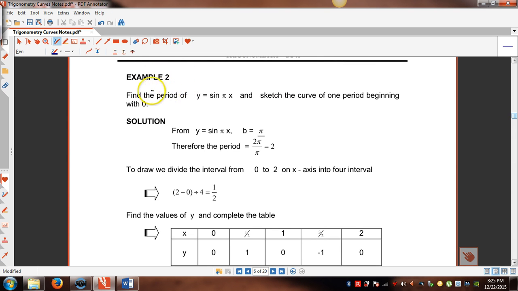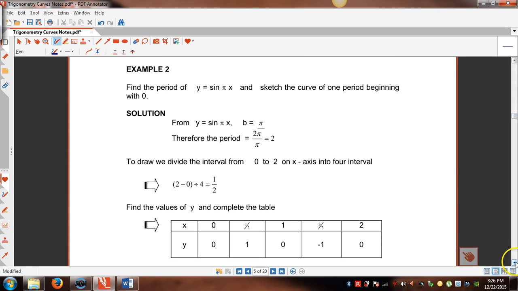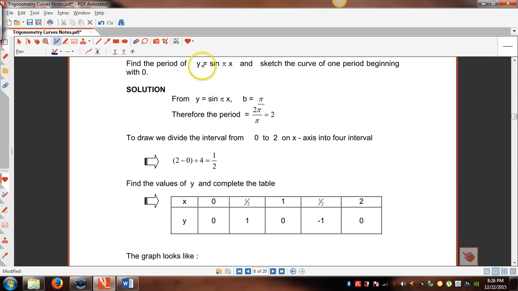Now we look at the second example of the trigonometric curve. We have y equals sine pi x, and sketch the curve of one period beginning at 0. You can look at the solution there. First of all, we have to find the period. We don't have any amplitude and we don't have any phase shift, so it is 100% period.